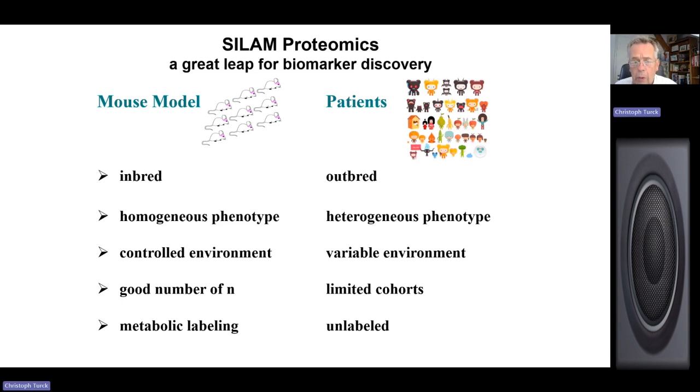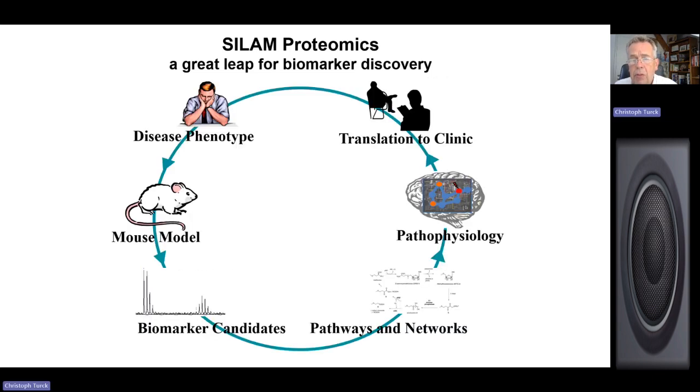So we did a lot of work with mouse models. This is sort of like the strategy we were pursuing. You start with a very complex disease phenotype like depression. We teamed up with a very talented group of behavioral scientists at our institute that modeled certain aspects of these very complex disorders. You can never model depression in a mouse, but you can model certain aspects of these disorders.